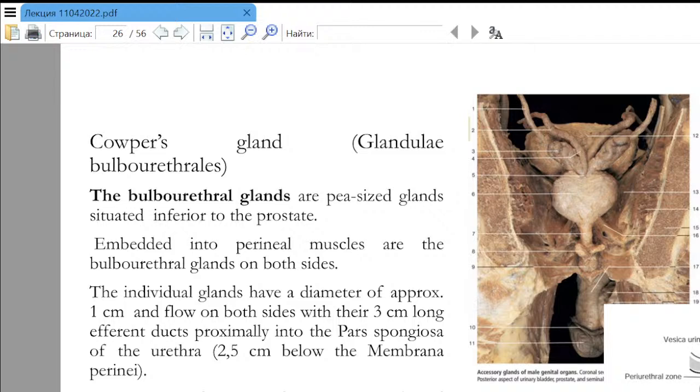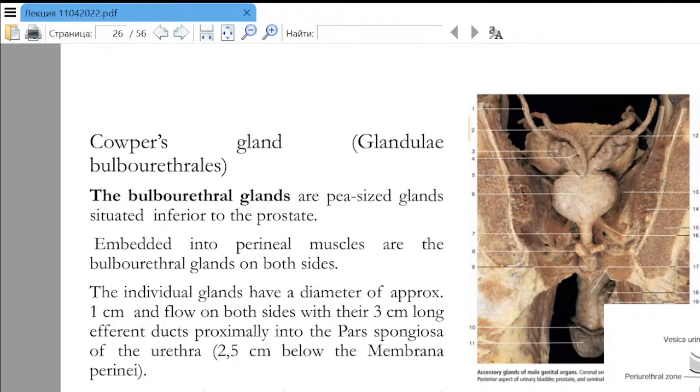Glandula bulbourethralis are pea-sized glands situated inferior to the prostate, embedded into the perineal muscle, on both sides. The individual glands have a diameter of approximately 1 centimeter and flow on both sides with a 3 centimeter long efferent duct into the pars spongiosa of the urethra.